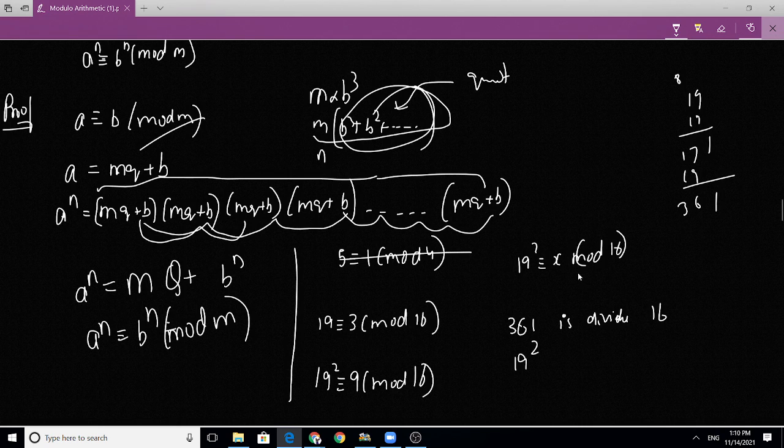So first, 19 congruent to 3 mod 16, and then square it on both sides. 19 square congruent to 9 mod 16. Then you can write this as 361 congruent to 9 mod 16, because 19 square is nothing but 361.